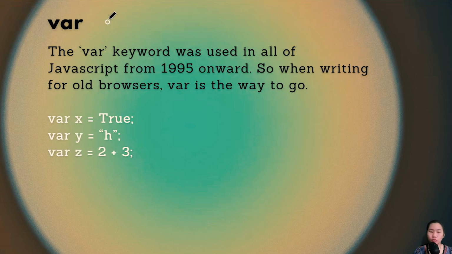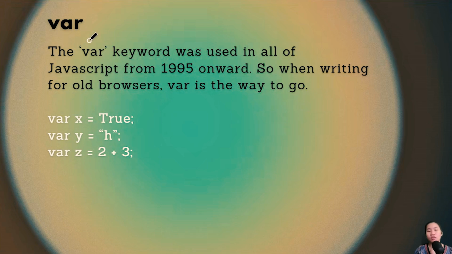Moving on to var. The var keyword was used in all of JavaScript from 1995 onward. So when you write for old systems or old browsers, they may not have the latest version of JavaScript. Therefore, you should use a keyword that's been with JavaScript for the longest time to ensure that everything is working well, right?